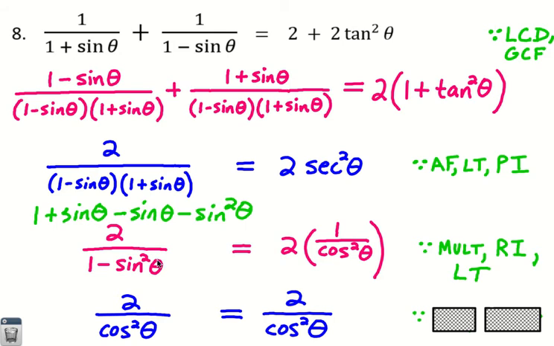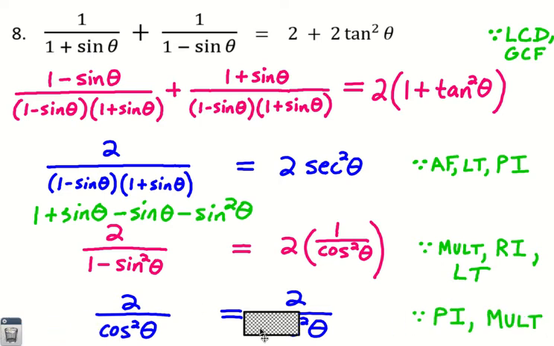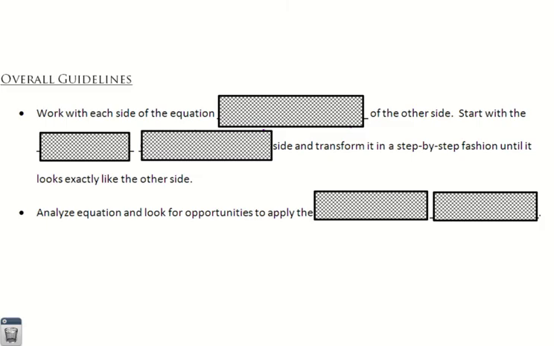Always look for opportunities to apply the Pythagorean identities. And so this becomes this. So not only Pythagorean identity, but we multiplied. So cite that. Holy crap, that's it.